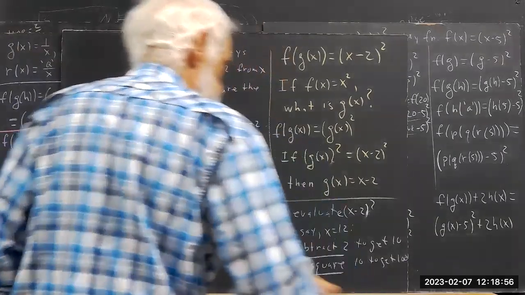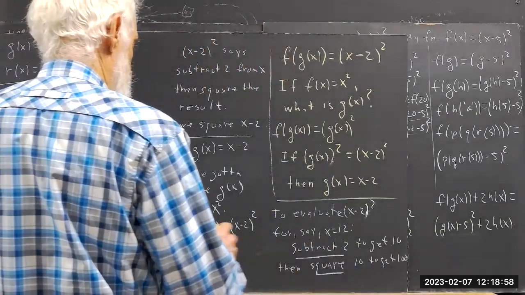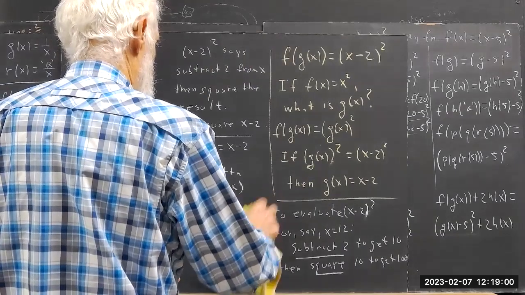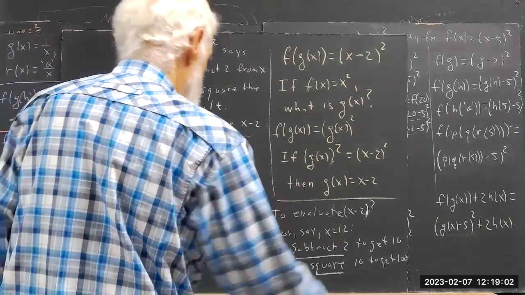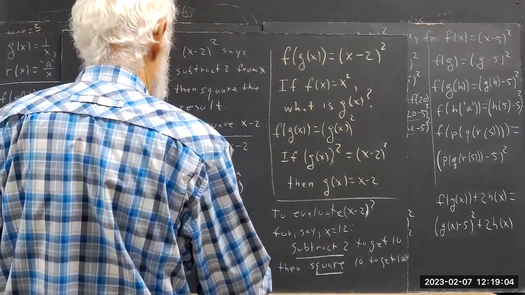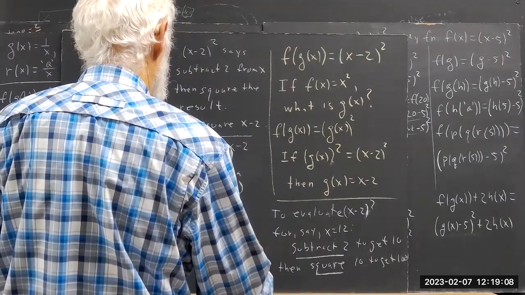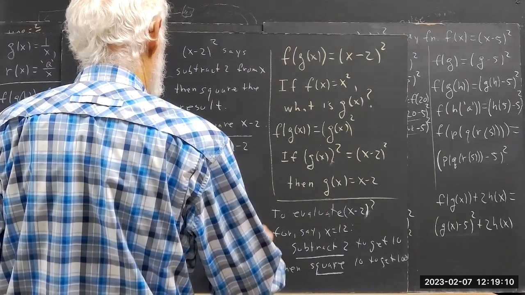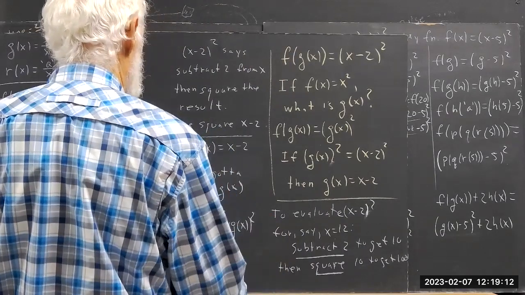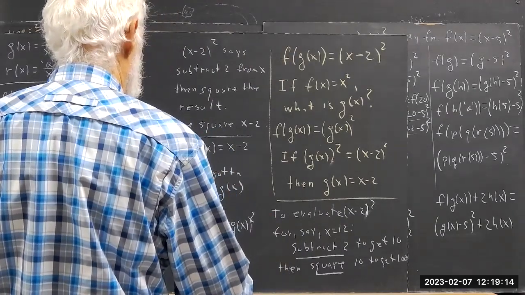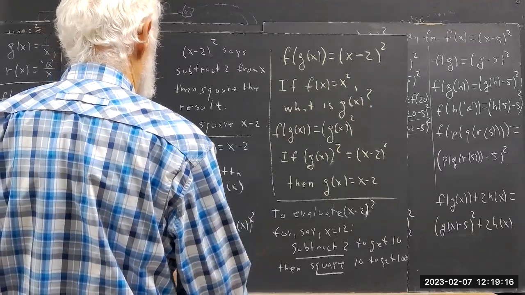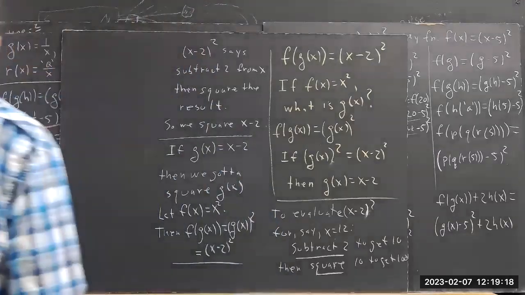So f of g of x equals g of x squared, which equals x minus 2 squared.